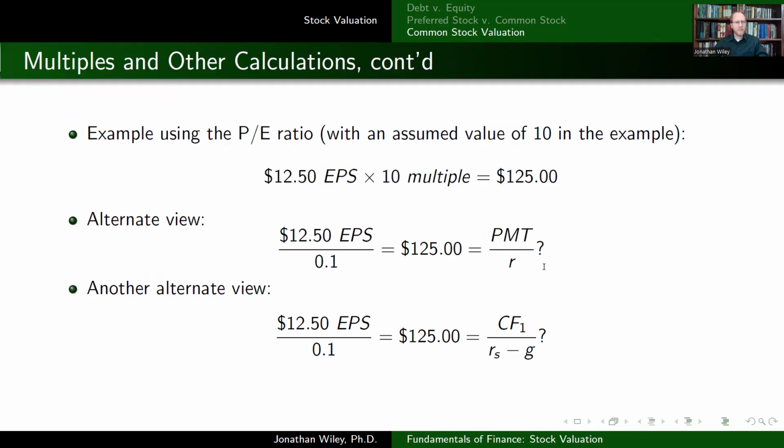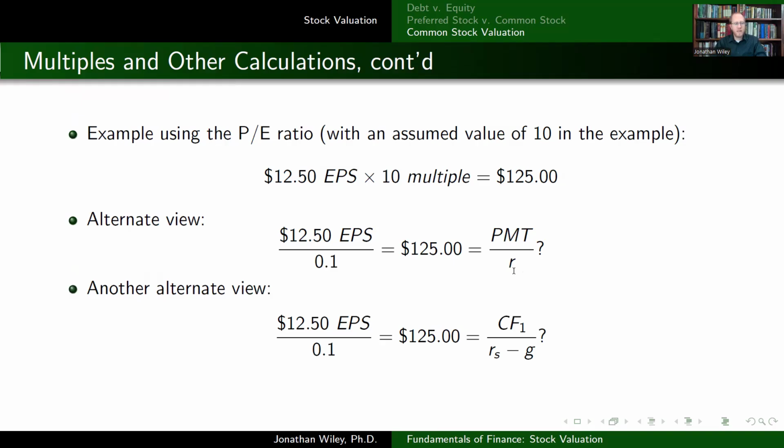So this would be like assuming that the firm was going to produce $12.50 every year forever, and then I'm using a discount rate of 10%. The reason I'm presenting that is to make you think: if I'm using that 10 multiple, it could be viewed, in certain contexts, as being consistent with earnings per share of $12.50 that lasts forever and using a discount rate of 10%.